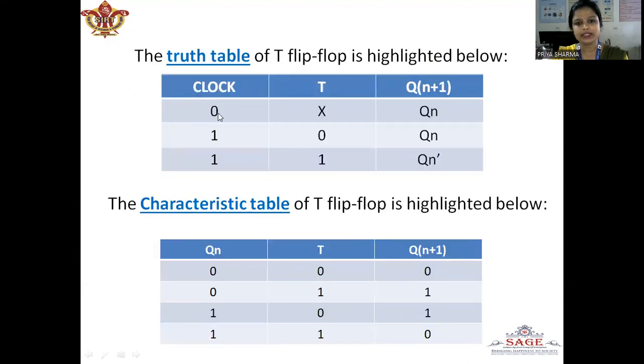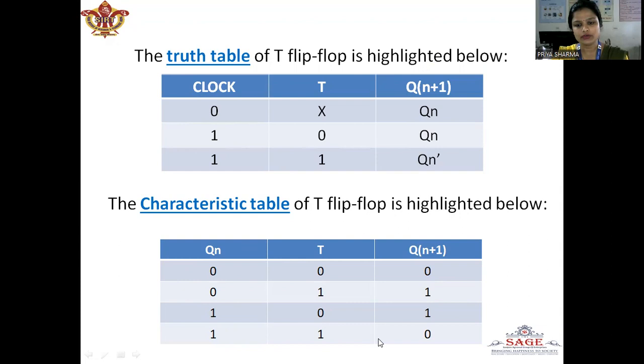This is the truth table. When the clock is 0 and the input is at don't care condition, the output is Qn. When the clock is set high and possible combinations of T are taken, we get Qn, Qn dash, that is complement of each other. From this truth table, we derive the characteristic table, that is at 0, we get 0, at 1, we get 1.